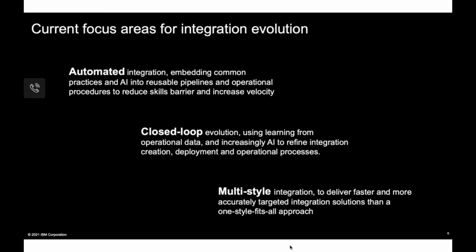Closed loop evolution, which is really about learning from the data we can gather from the way that you're performing integrations, the way your operational environments are performing, and feeding that back to enable us to improve the integration capabilities. And finally, multi-style integration, recognizing that you need multiple tools typically to solve an integration problem. And it's the way that those tools are brought together in a cohesive manner that really makes the difference around your productivity.